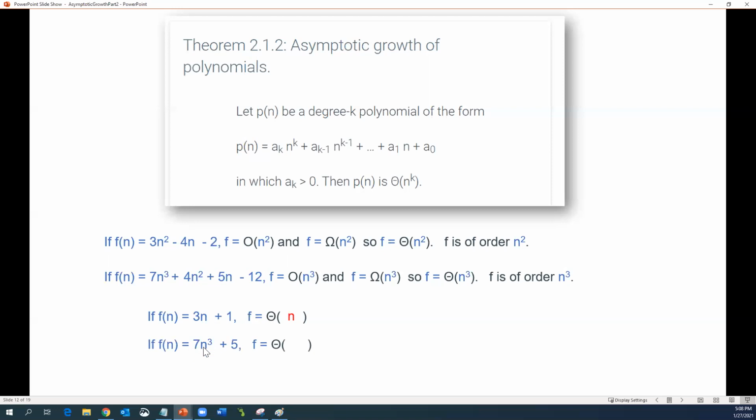And here, if this is f, what would we say f is theta of? N cubed. Yeah, n cubed, right? So we just take that. Now this theta finally means something. Again, the upper bound didn't mean anything because I could have said I make less than $3 million.